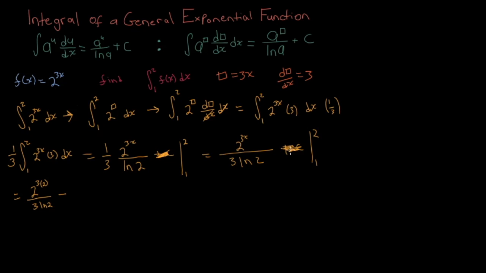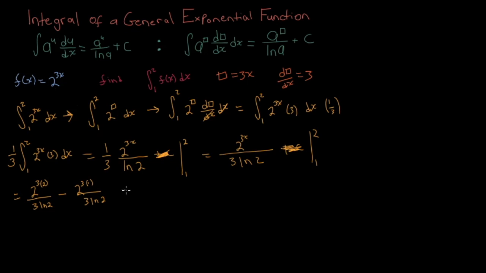We can just leave that as is. Minus 2 to the 3 times 1 divided by 3 ln 2.